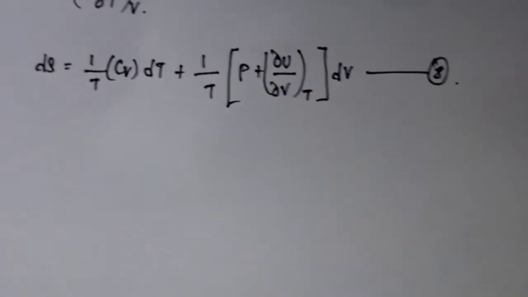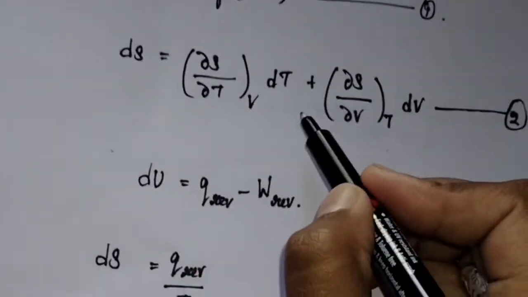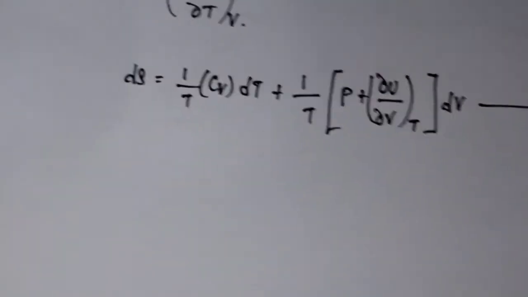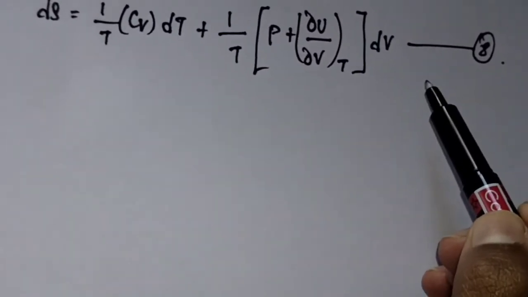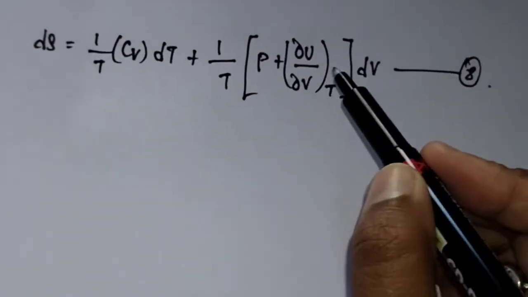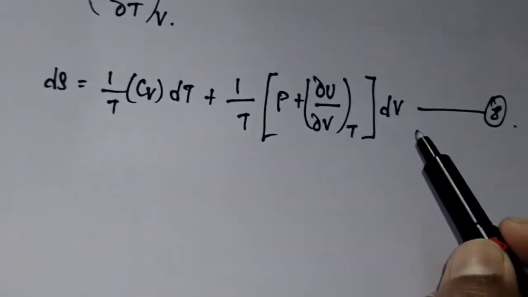From equation 2 and equation 8, the changes of entropy in terms of change in temperature and volume are identical.